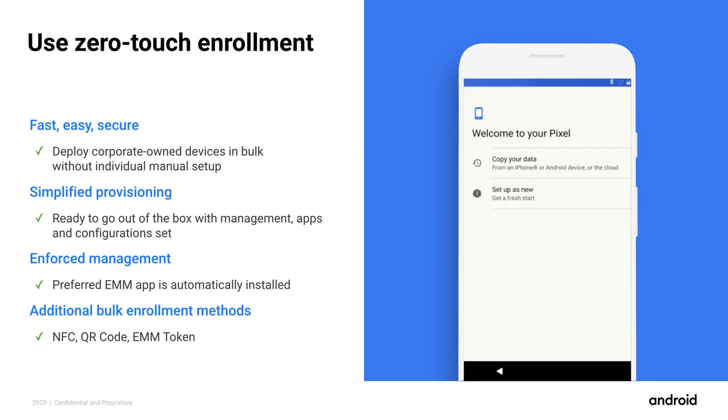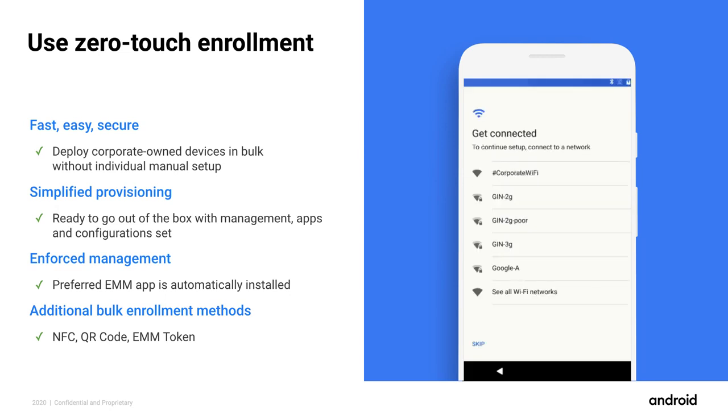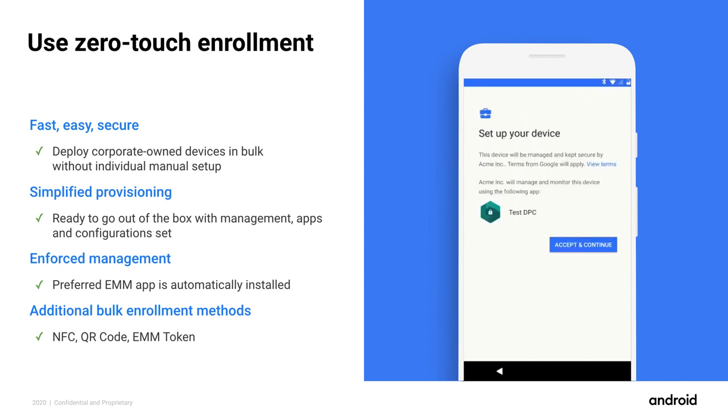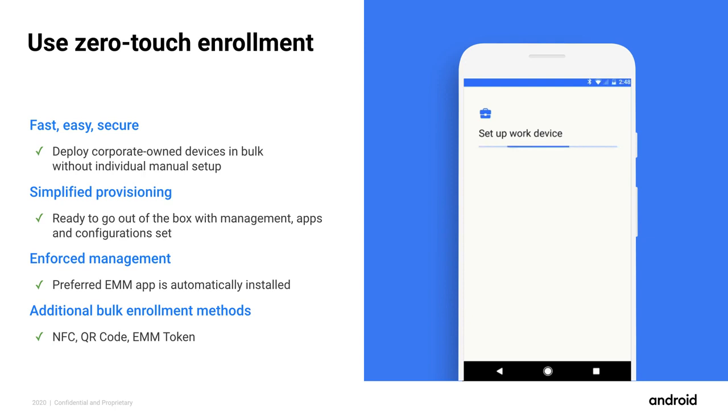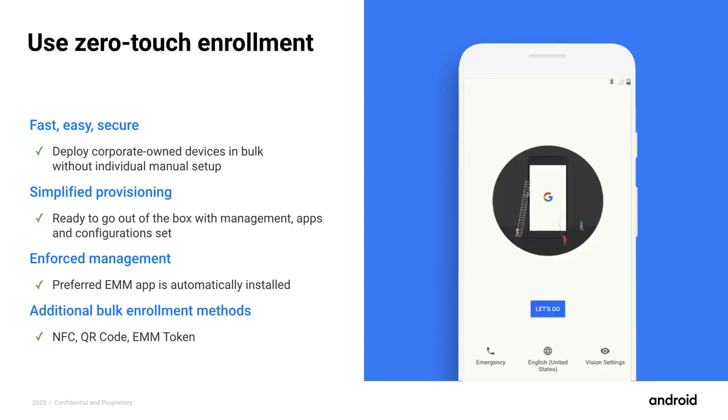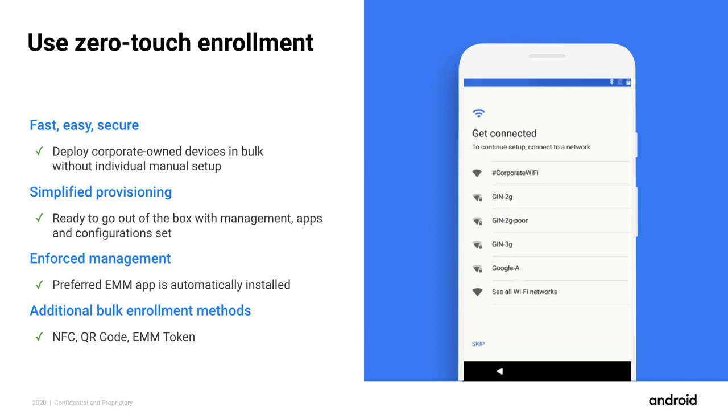Now, as we move on, we've moved from devices and partners. We know how to select partners that are trusted and validated, and we understand that this new modern Android Enterprise management capability is standard on all devices. But how do we deploy those devices securely? One of the best ways is to use something called zero-touch enrollment.